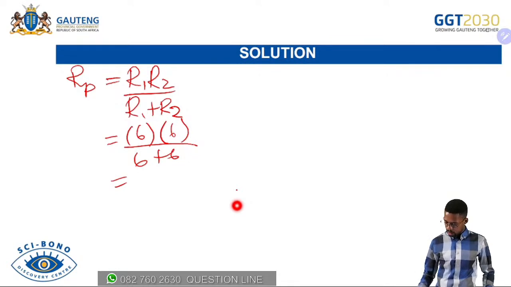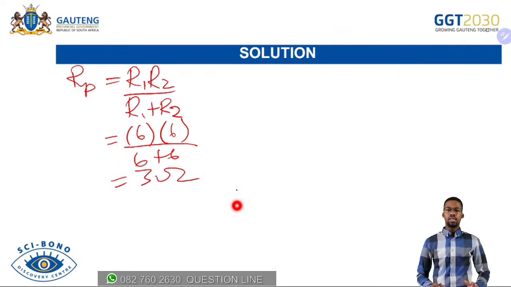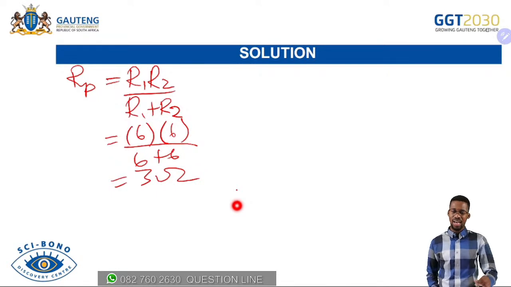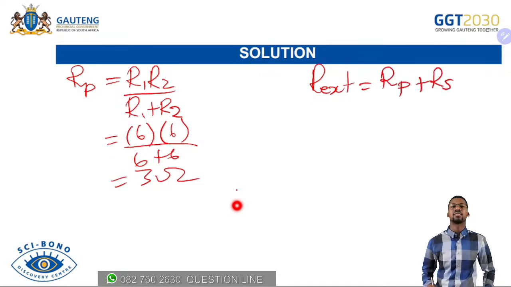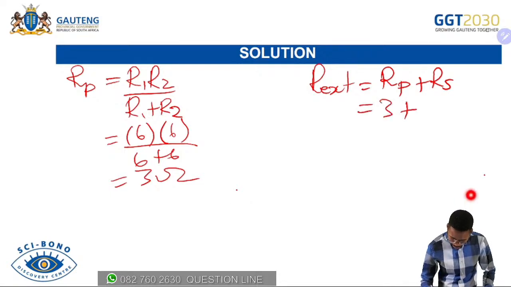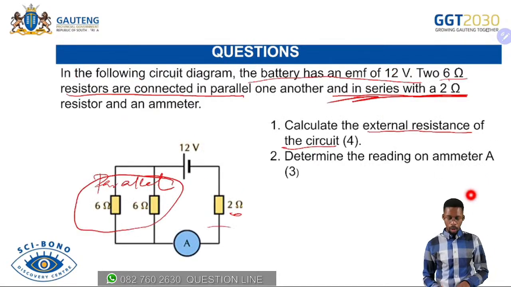You punch your calculator and I think you are going to get 3 ohms. So this is the resistance in parallel. For us to get R external, we add the resistors in parallel to the resistor in series. So our resistors in parallel give 3, plus the one in series, which is 2 ohm, according to the statement.